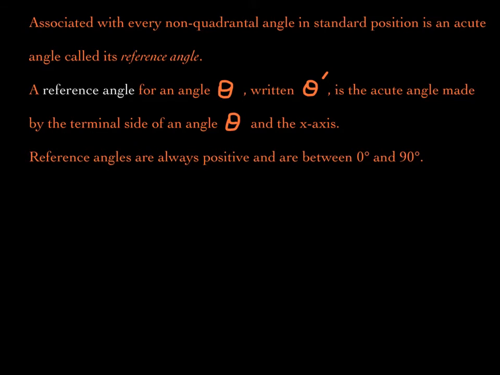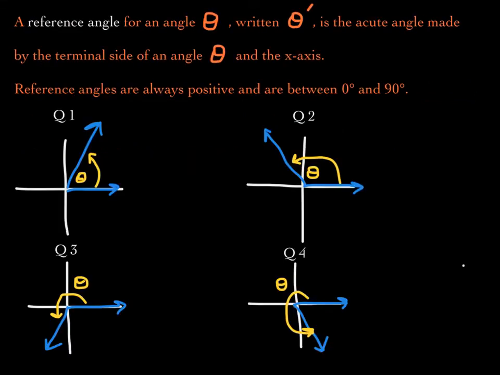Let me show you some pictures. I've drawn 4 different angles. They're all angles in standard position and they're all non-quadrantal angles, meaning none of the terminal sides lie on any one of the axes. The reference angle is the acute angle made by the terminal side of angle theta and the x-axis.